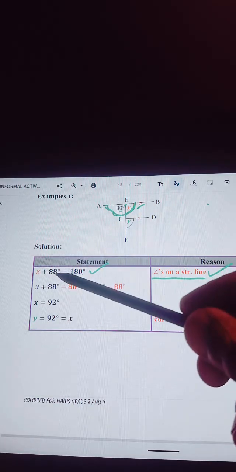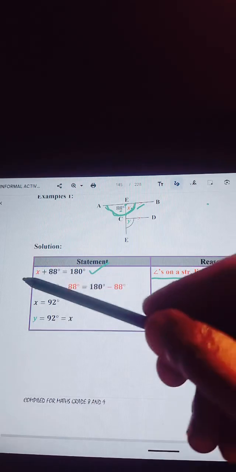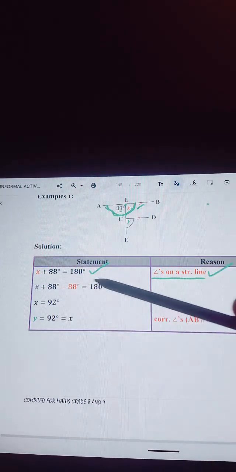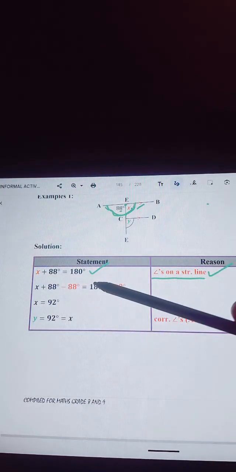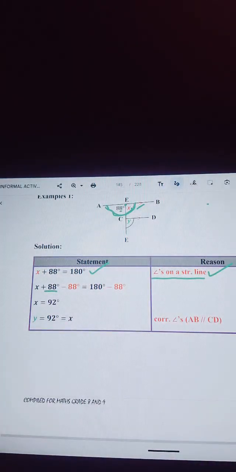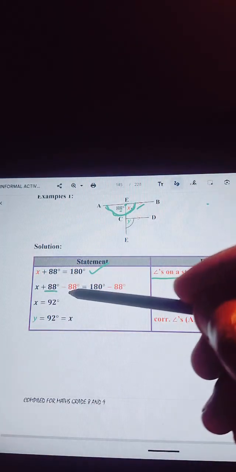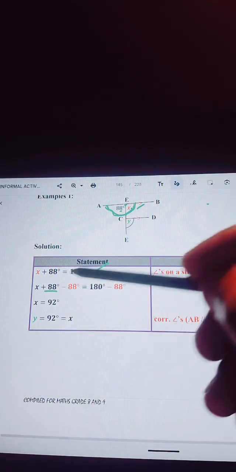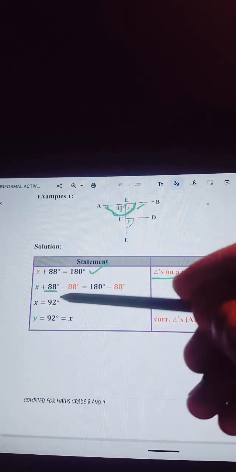We then quickly solve the equation. In term 2, grade 8, we learned how to solve equations. We subtract 88 to get rid of 88. We apply the additive inverse. What we do on the left, we do on the right.